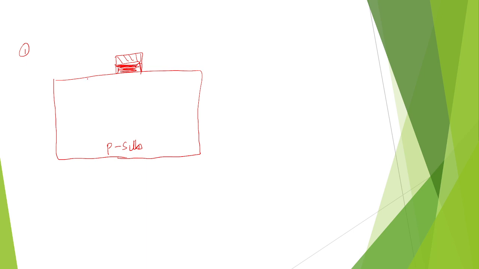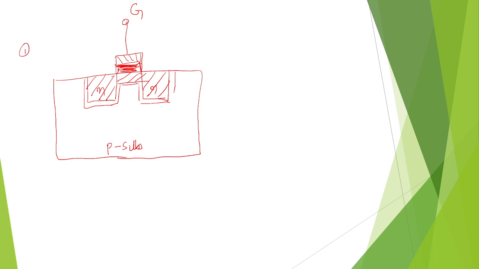To design the source and drain terminals, diffuse the electrons into this P substrate. So this is N, electrons. But it is a depletion mode transistor, that's why already the channel is established between source and drain.